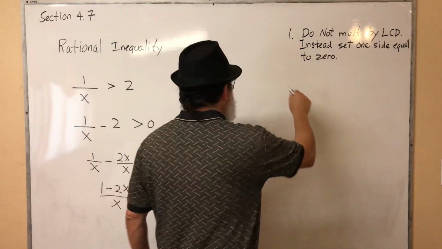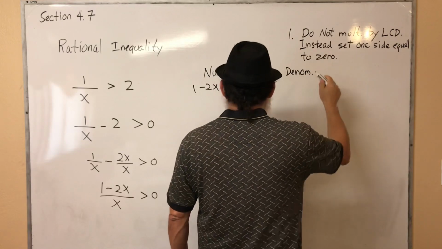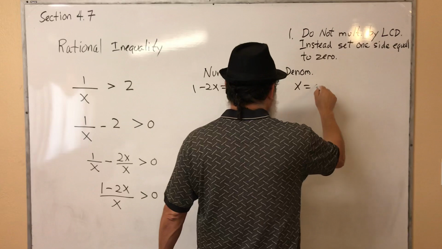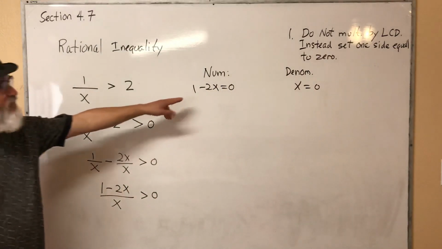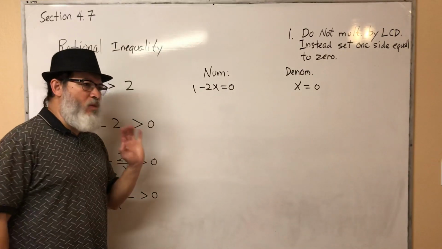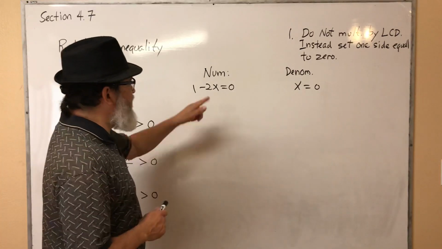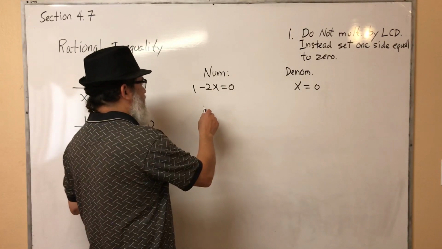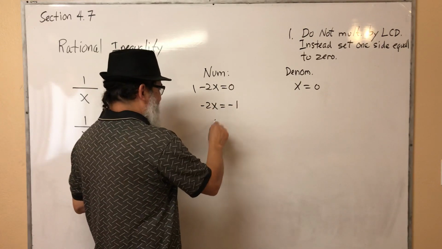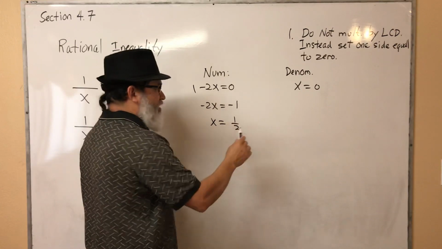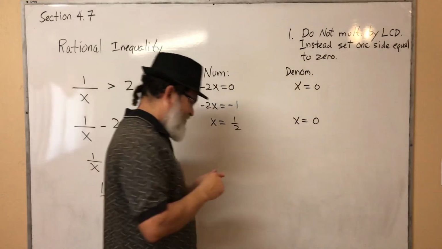And set the denominator x equal to 0. In the numerator, we want to know what x value makes the numerator equal to 0. So solve this: negative 2x equals negative 1, so x equals a half. What makes the denominator 0? x equals 0.